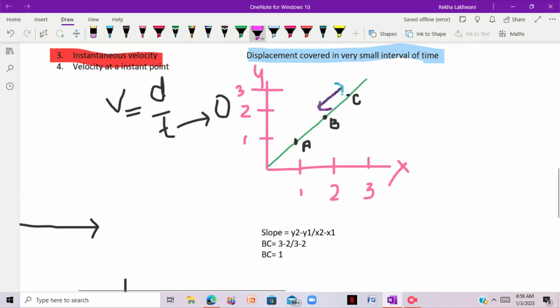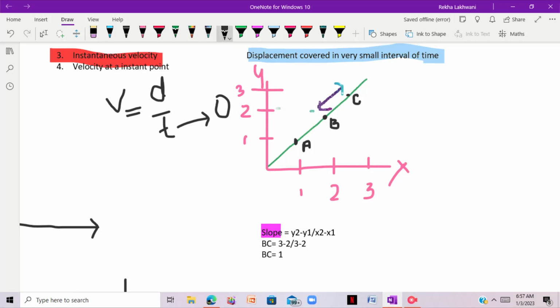Now we have another graph, which is the graph of zero velocity. What happens is that velocity is not covered. It means that displacement is constant over here. Time is passing by, but the displacement is constant. And what is velocity? Change in displacement per unit time is known as velocity, right?